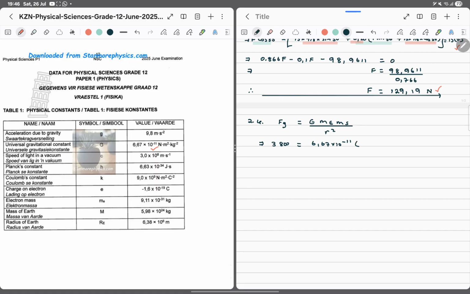Mass of the Earth is 5,98 times 10 to the exponent 24 into the mass of the satellite, which is what we want, divided by the radius of the Earth, which is this one. So this is 6,38 times 10 to the 6 plus 1,000 kilometers, basically 10 to the 6 meters.